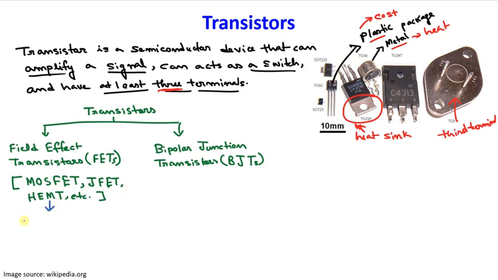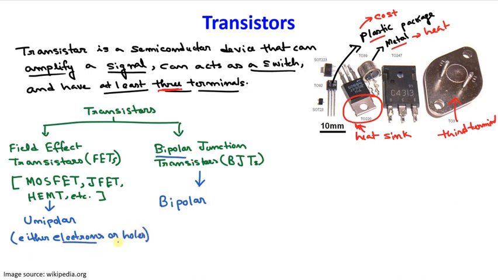One unique property of these field effect transistors or FETs is that they are unipolar devices, whereas from the name itself you can understand that BJTs are bipolar devices. So what do we mean by unipolar devices? Unipolar devices means for these devices either electrons or holes will participate in conduction.